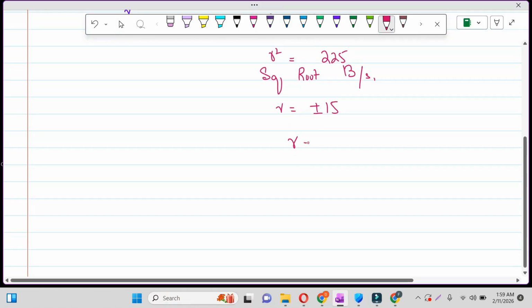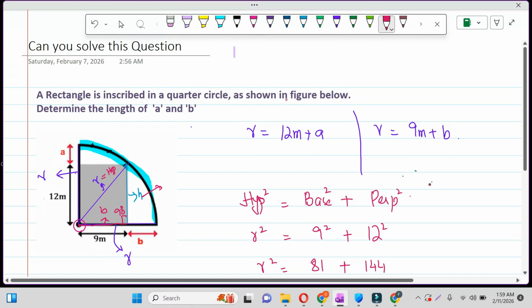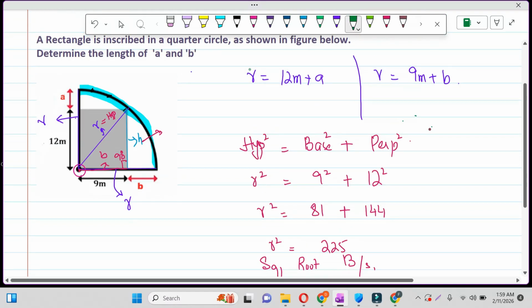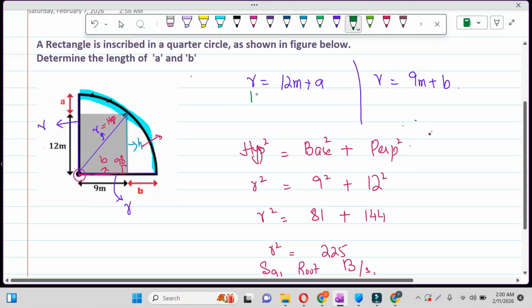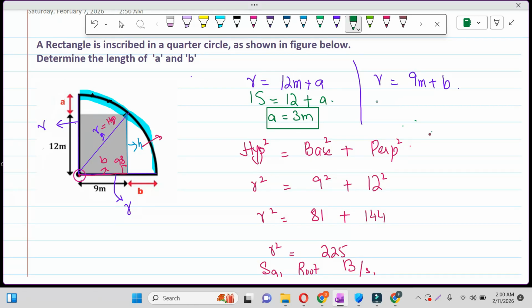So we will say R is 15 meters. That was the radius. Now, using the radius, we can find the value of A. So 15 is equal to 12 plus A, and A is equal to 3 meters. And in this case, 15 is equal to 9 plus B, and B is equal to 6 meters.